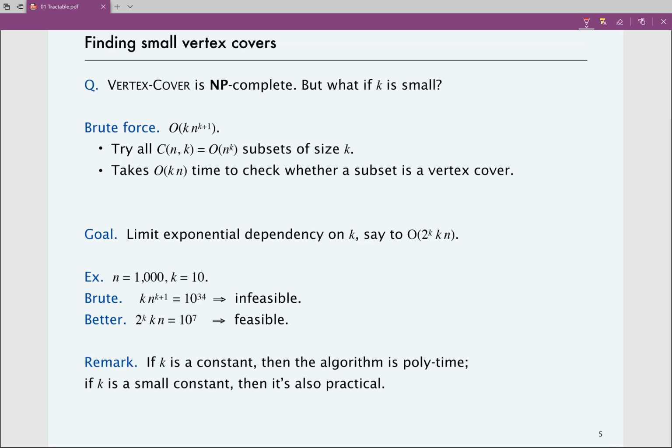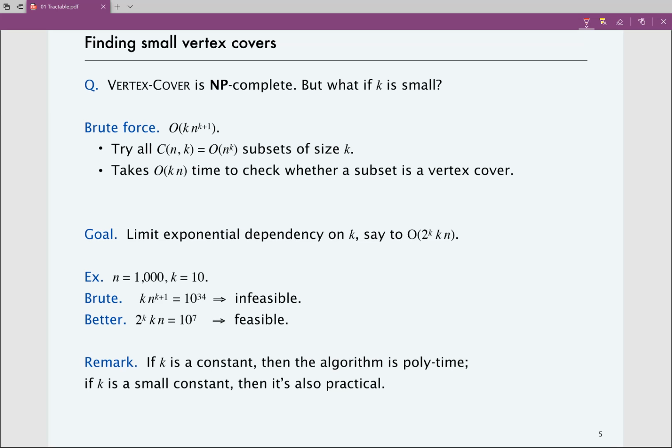Because we need to go through all of these k vertices, and for each vertex, we need to check all its adjacent edges. And there can be up to n adjacent edges. Okay, so altogether, this brute force approach is going to take us k times n to the k plus 1 power amount of time to do.